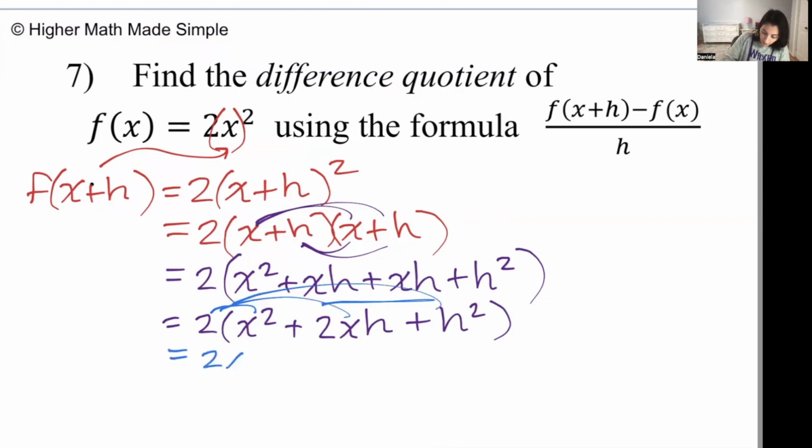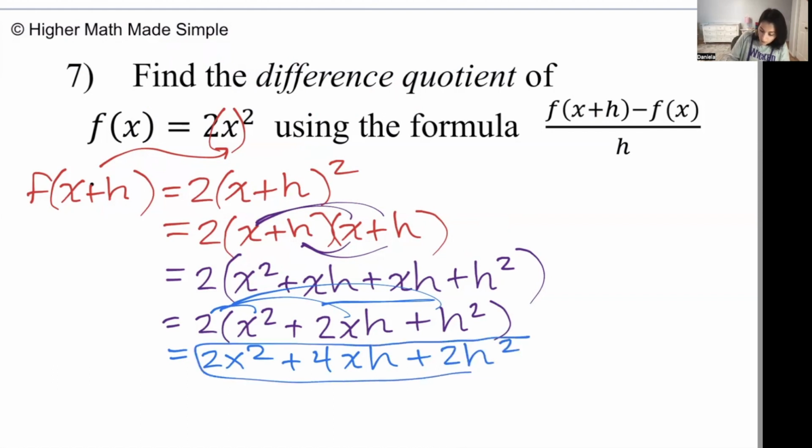So we have 2x squared, 2 times 2, so that's going to be 4xh, and then plus 2h squared. None of these 3 terms are like terms, so that's it. So f of x plus h is equal to those 3 terms.